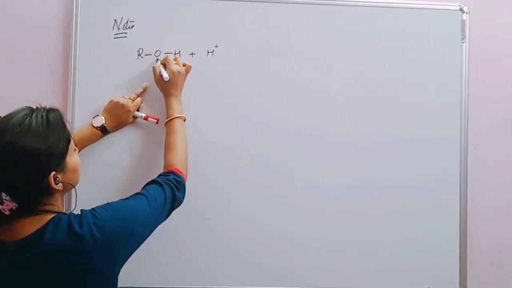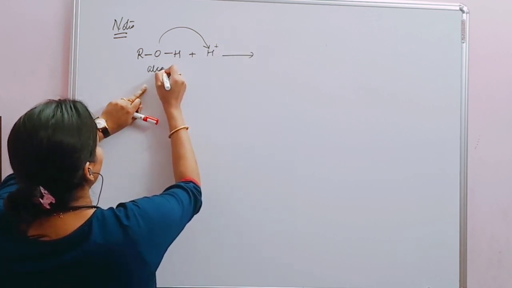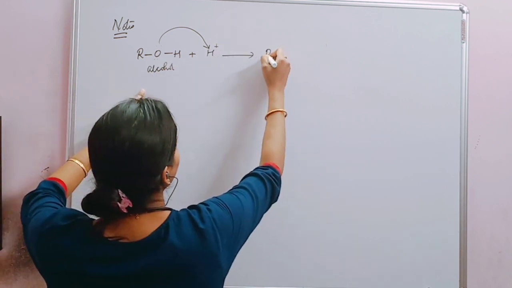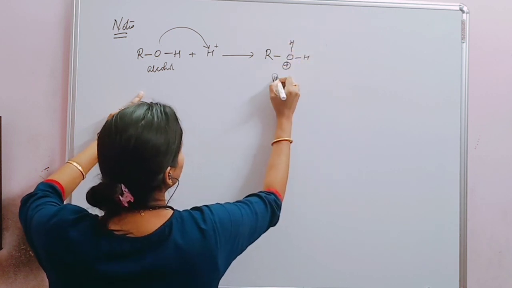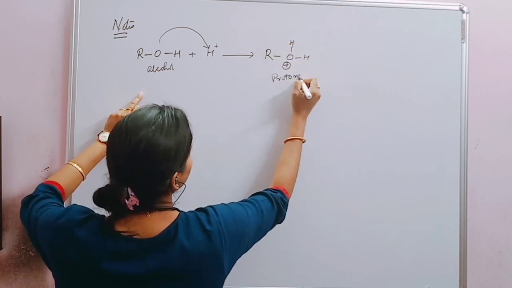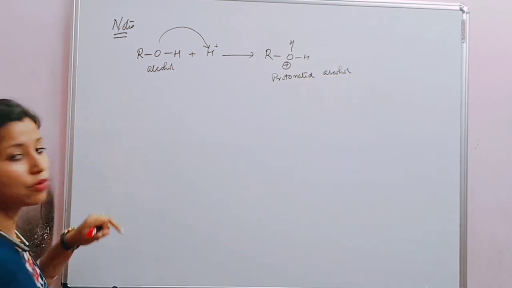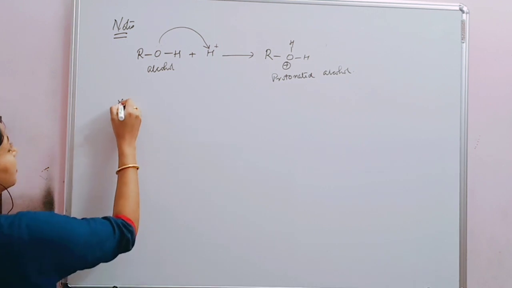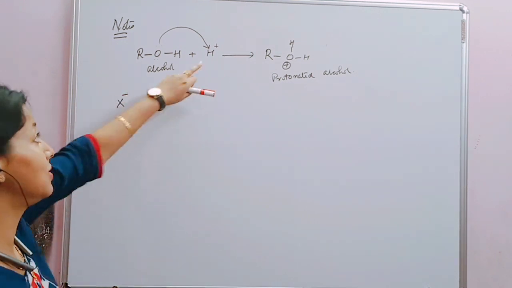Oxygen contains a lone pair, which picks up the proton. You get ROH2+. This is the protonated alcohol.